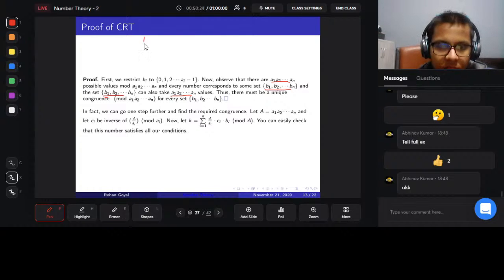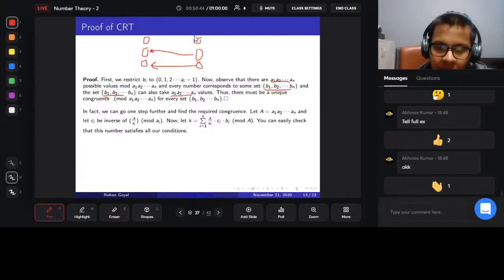Okay, so if you have some set here, and here I have a set of equal size, and every number goes to some number here, and everyone goes to a different number, and every number must be coming from some number.